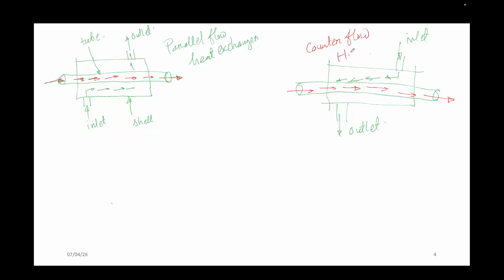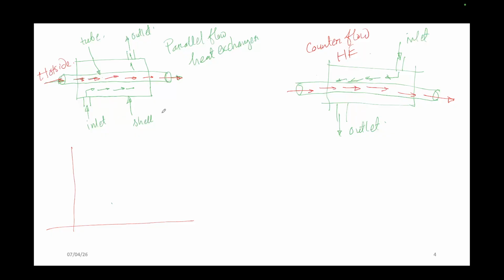I represent the heat exchanger as HE. So now I have to draw the temperature profile. I will try to draw it. In the first case, which one is the hot side? The tube inside is the hot side, right?